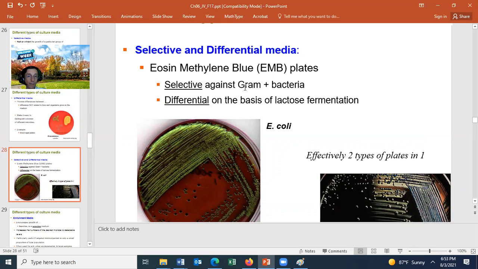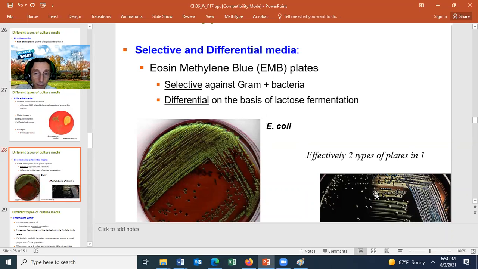It's also differential on the basis of lactose fermentation. If the organism can ferment the sugar lactose, and obviously if it grows on the plate, then it will look dark like this or a metallic green like that. That's from the fermentation of lactose, changing the pH, making it more acidic, and it looks metallic or dark when it is at a lower pH.